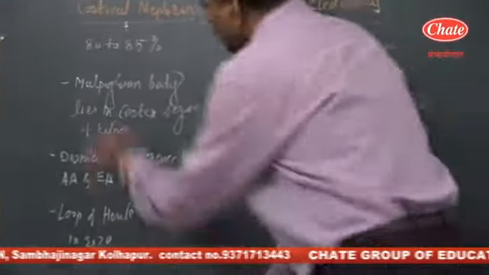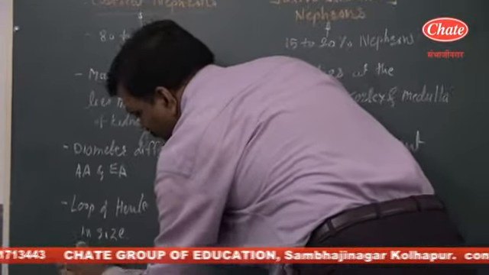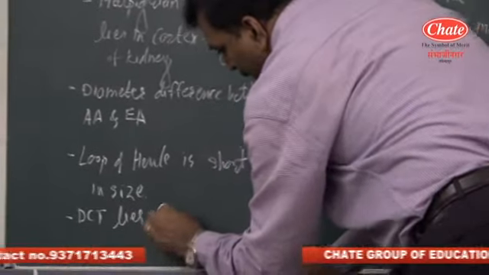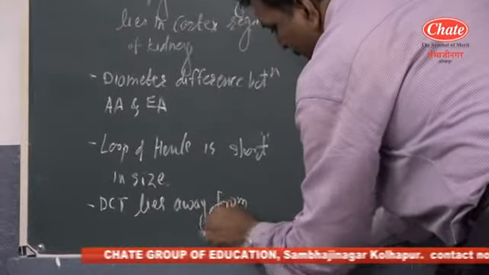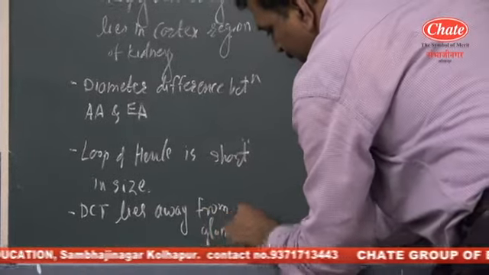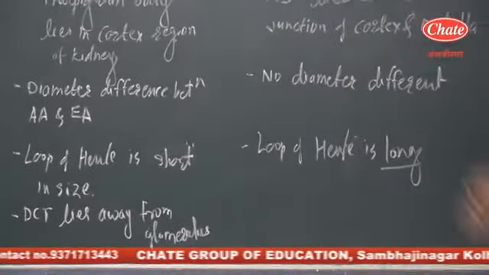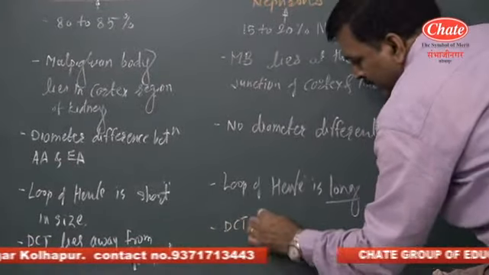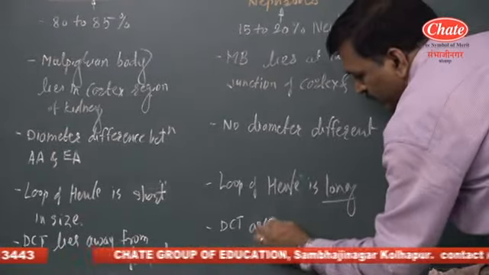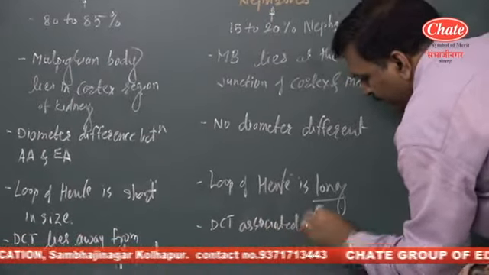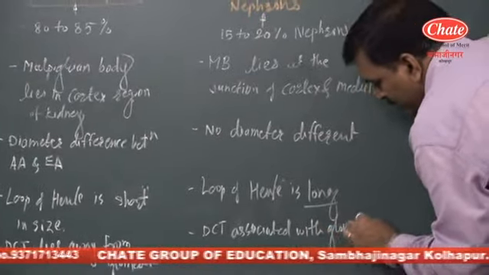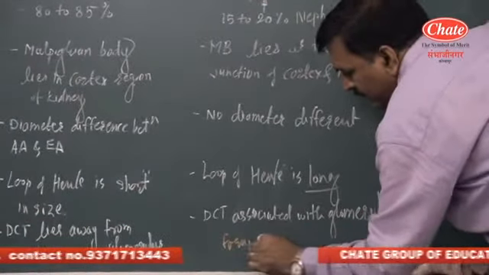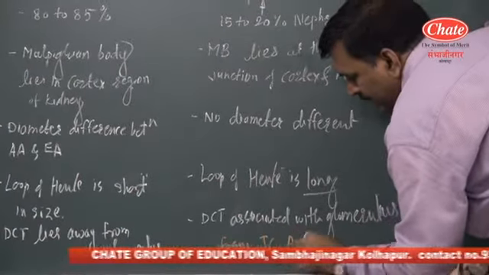In the cortical nephron, the distal convoluted tubule lies away from the glomerulus, while in the juxtamedullary nephron, the DCT is associated with the glomerulus and forms the JG apparatus.